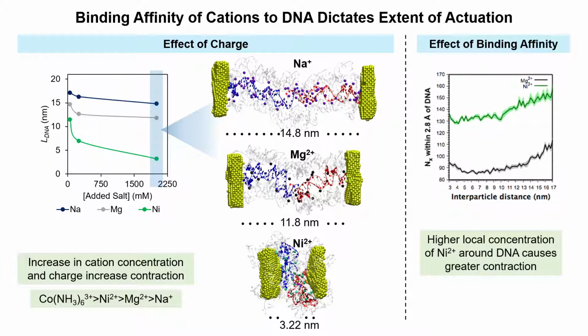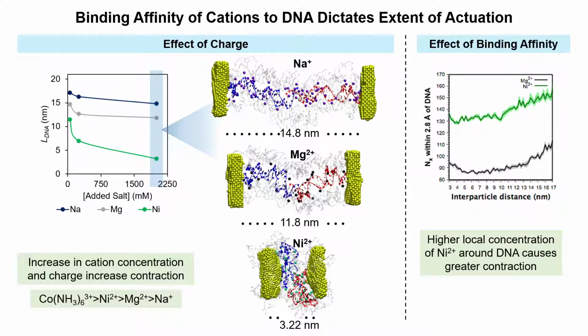And what we also learned from molecular dynamics simulations is that even though we add magnesium and nickel at identical concentrations, the local concentration of nickel around the DNA is significantly higher, indicating that the binding affinity of these metals to DNA is an important dictator of the extent of contraction.